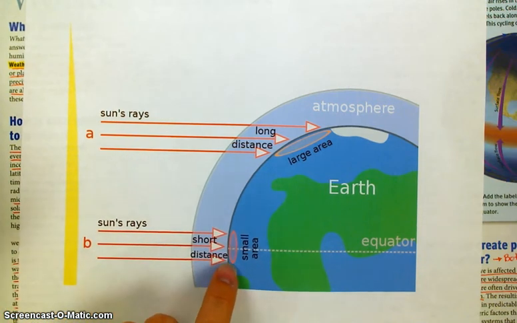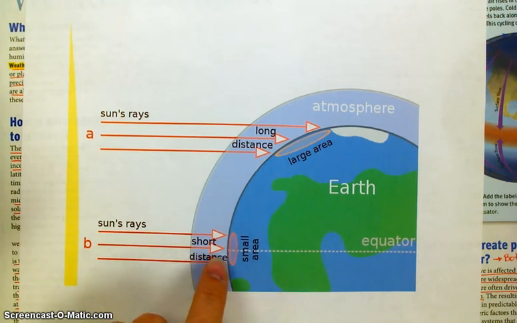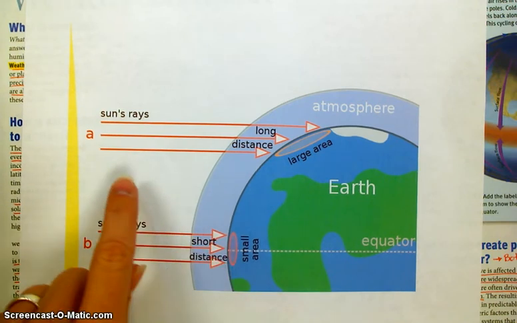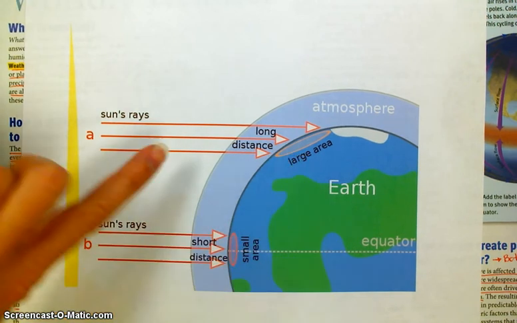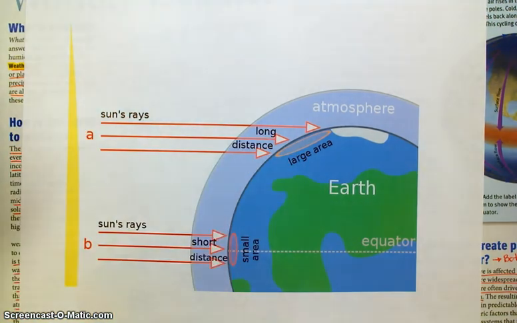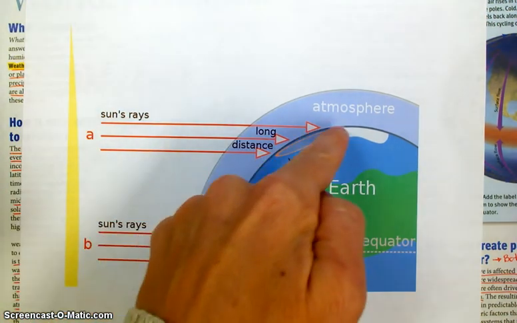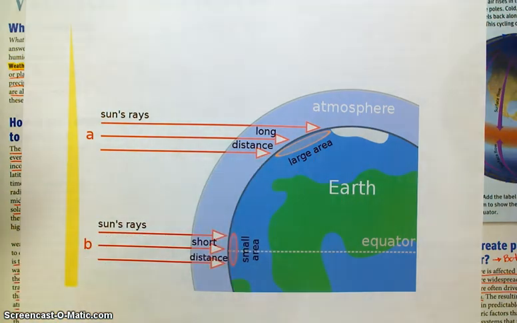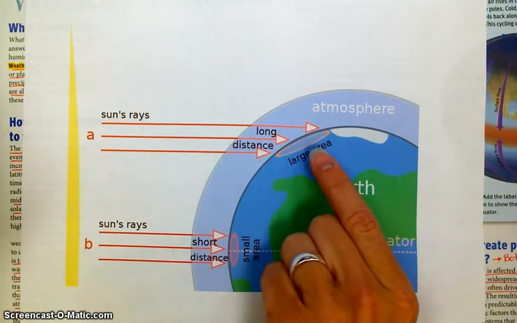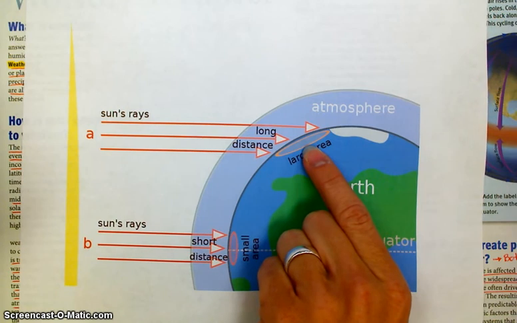So we're getting a lot of heat energy absorbed in these areas. Okay? In contrast, areas closer to the poles, the sun's rays are coming in and hitting at more of an angle. Also, they're having to travel through more of the atmosphere. And so we have less heat energy being absorbed towards the poles.